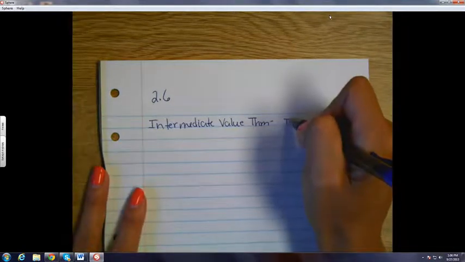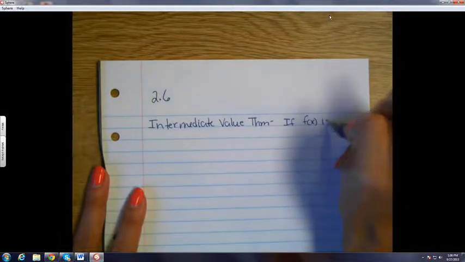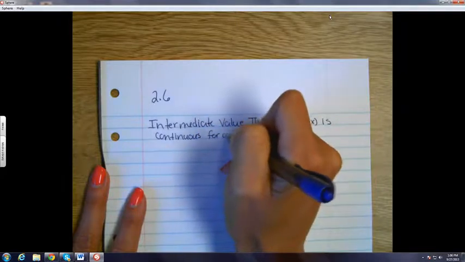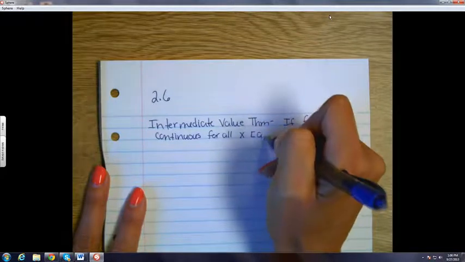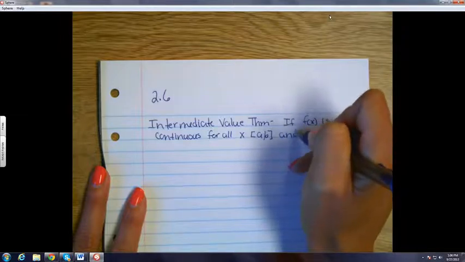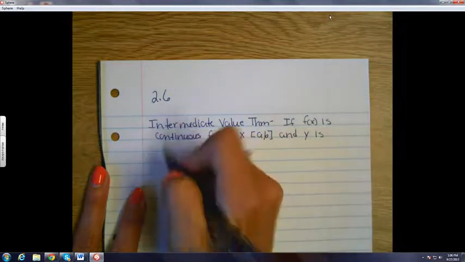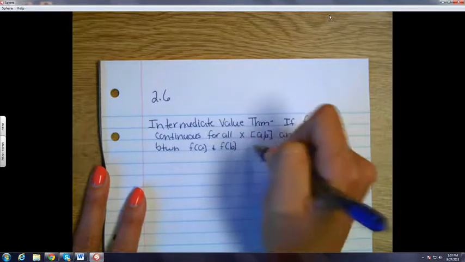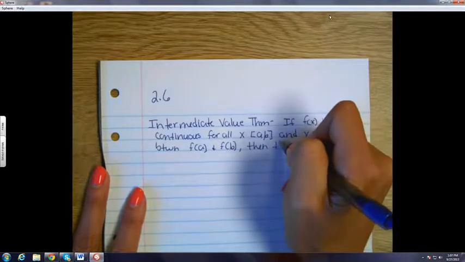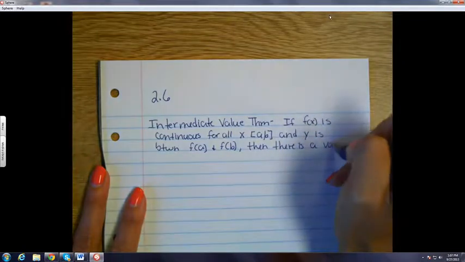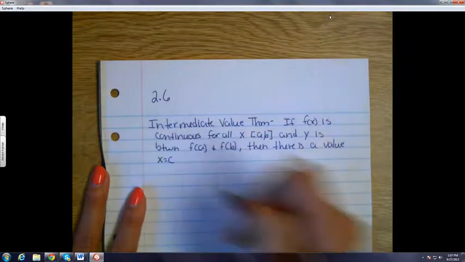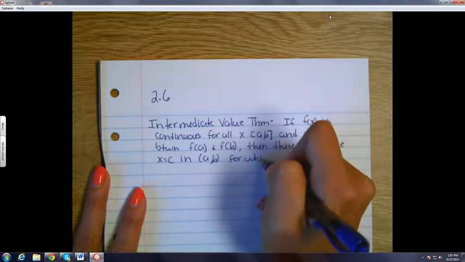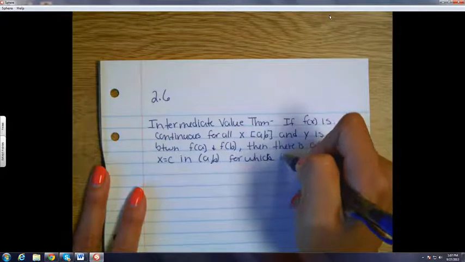It says if f of x is continuous for all values of x between a and b, and y is the value between f of a and f of b, then there is a value of x, which we will call c, in the open interval from a to b, for which f of c is equal to that y value.